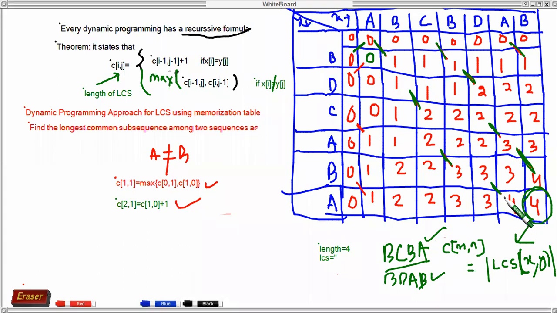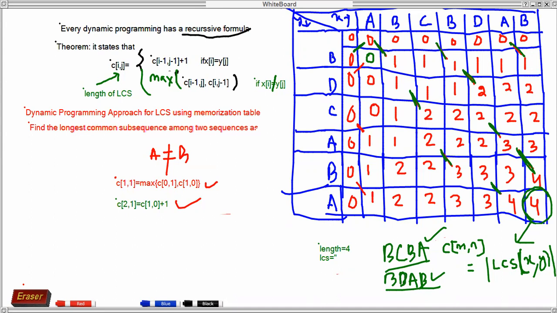This is the row from the A. Let's say this is the row from B. This is the B. This is the row from C. This is the C. This is the row from D. This is from B. This is from B. This is from A. This is from A. This is from D. This is D. This is from D. This is from B. D. A. In this way, you have to understand the longest common subsequence.